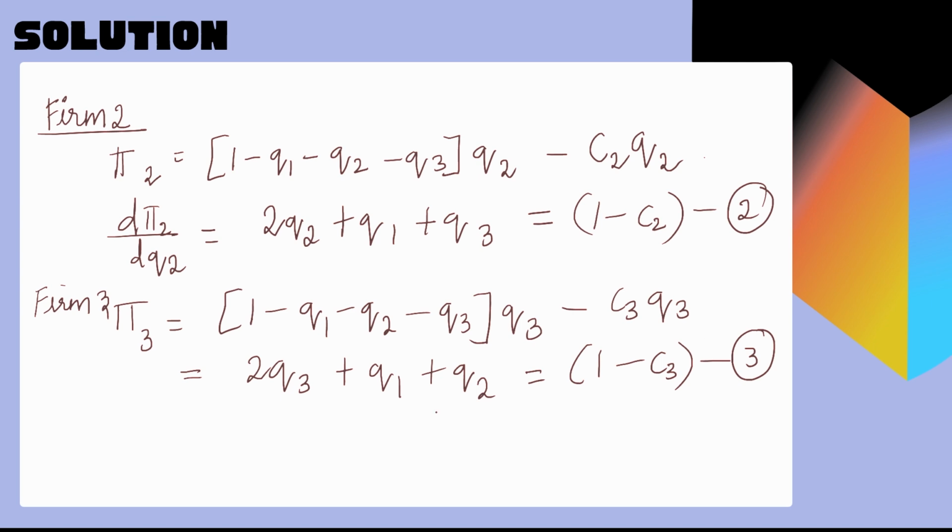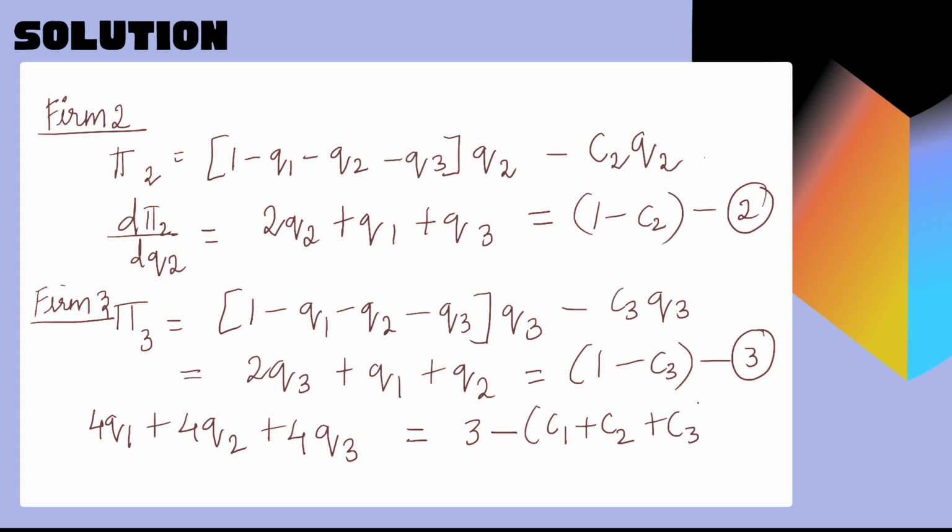Now add all these, because we are trying to find, under Cournot-Nash equilibrium, what would be your QC. By adding all three, you arrive at 4Q1 plus 4Q2 plus 4Q3 on the left hand side, which is equal to 3 minus C1 plus C2 plus C3.